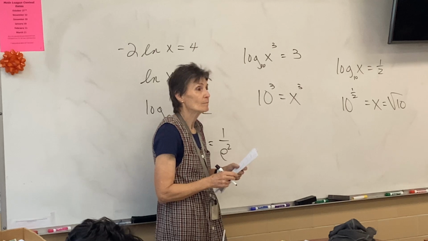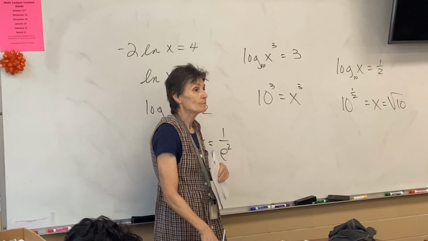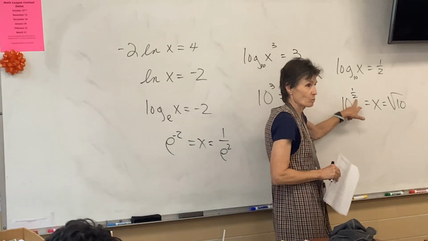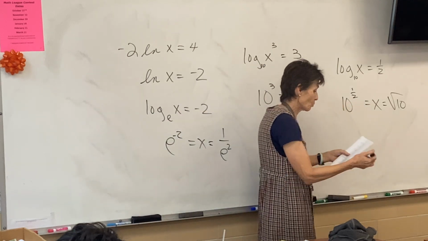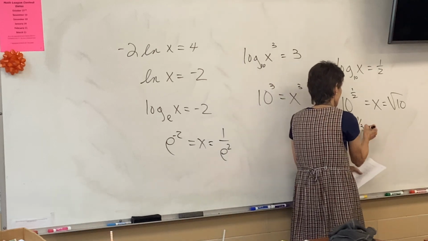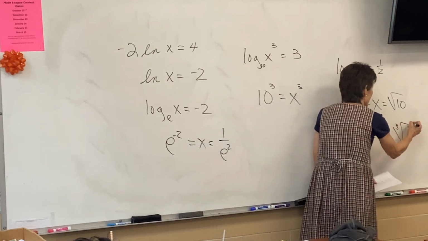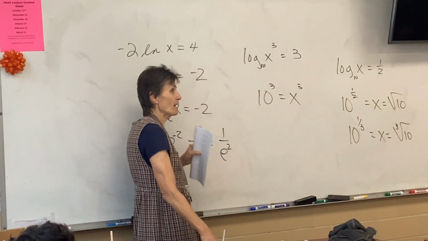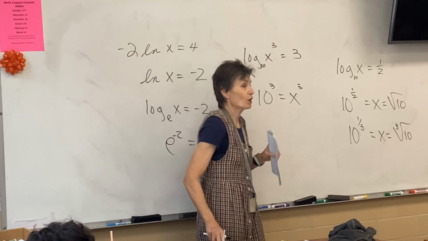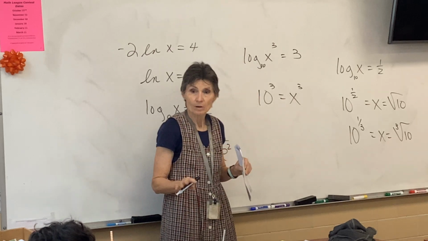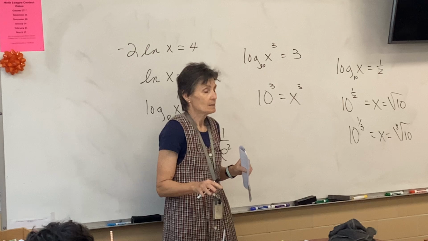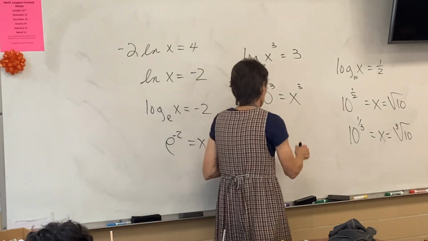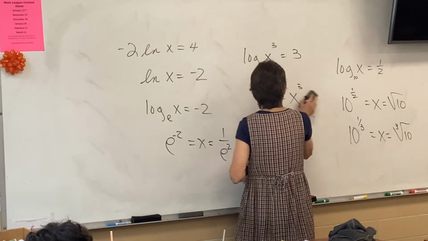If there's a fraction, there will always be a radical in the answer. Now it's a square root because the fraction was 1/2. But in the next one, the fraction's going to be 1/3, so it's gonna be a cube root. Anytime your exponent is a fraction, you're going to have a radical. Whatever the fraction is will determine what radical it is.